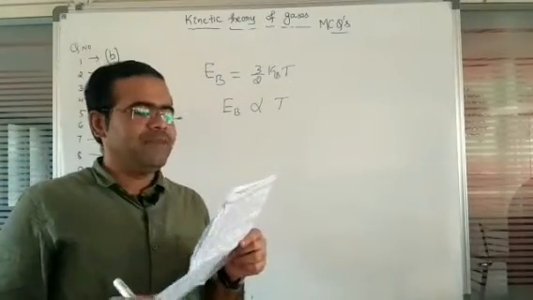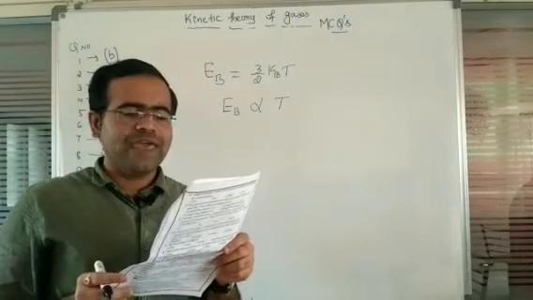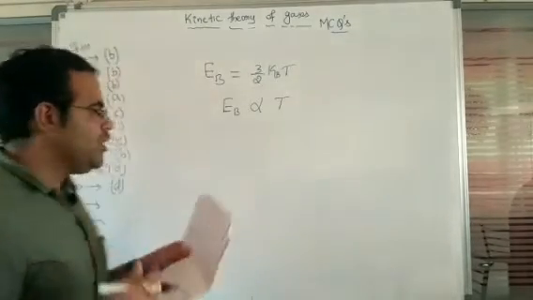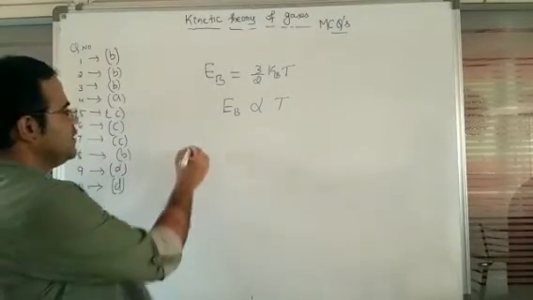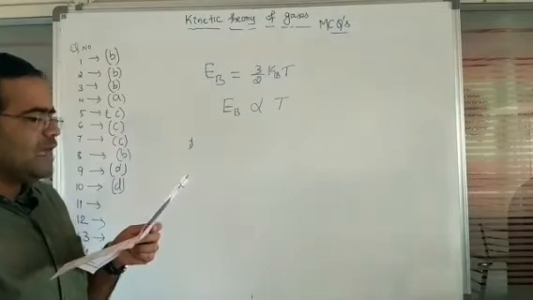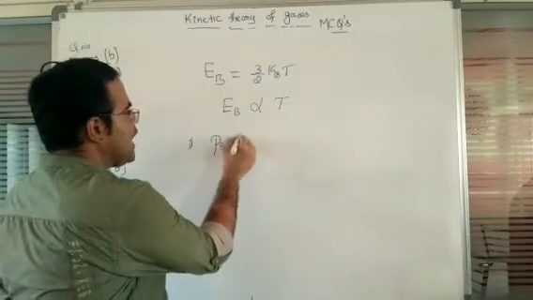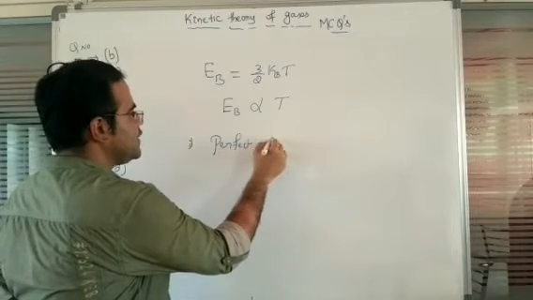Next, question number 11. According to the kinetic theory of gases, molecules of a gas behave like... The molecules of a gas move in random directions, and one more thing is very important: they always have perfect elastic collisions.